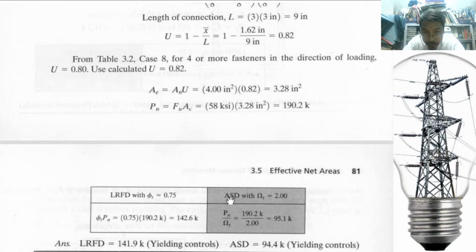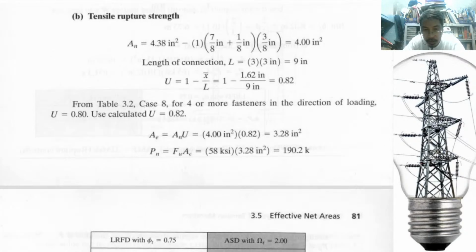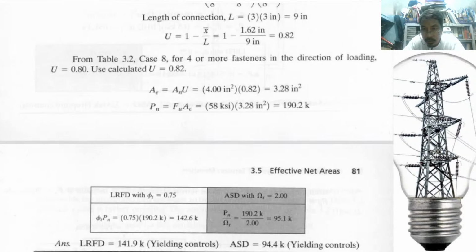For ASD, just divide by 2. So 190 divided by 2 is 95, or 95.1 if we have 3 significant figures. Then compare this to the yield. The yield is 94. So in this example, yield controls.